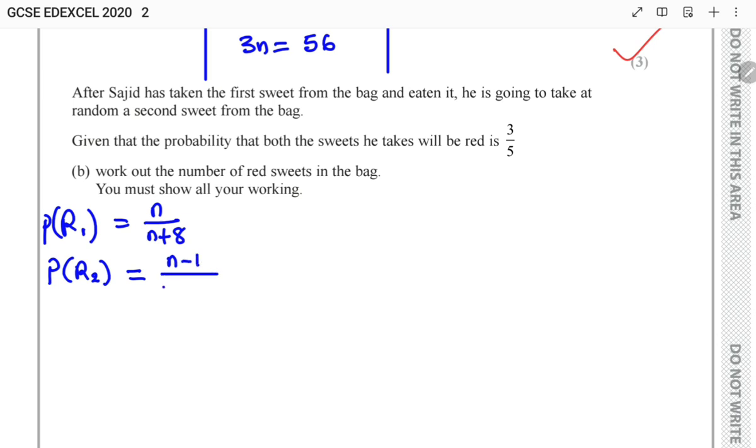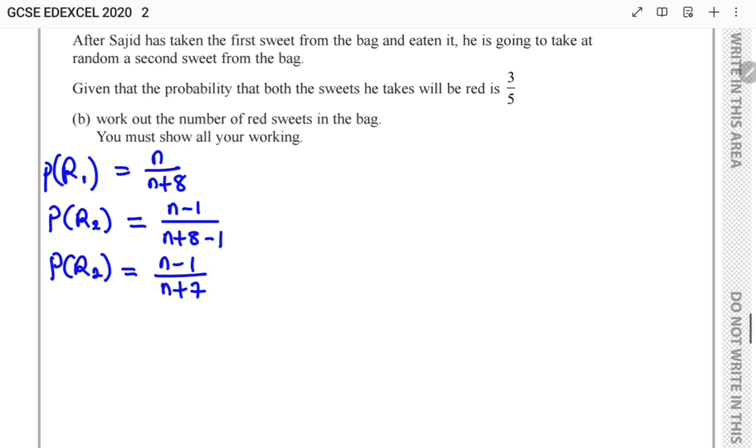That means the number of red must have reduced by 1. And so also the total, n plus 8, must have reduced by 1. So actually, the probability of the second pick to be red is going to be n minus 1 over n plus 7. Very important. Now, we're told that the probability of picking both to be red, meaning the first one red and the second one red, is going to be 3 over 5.